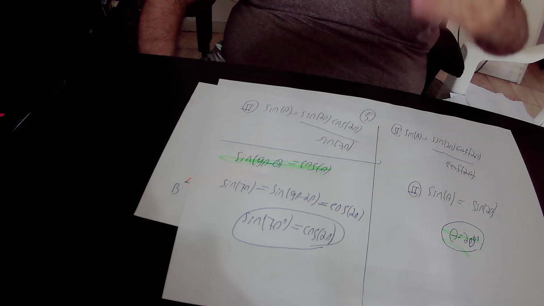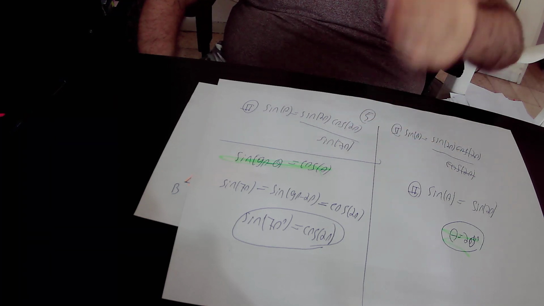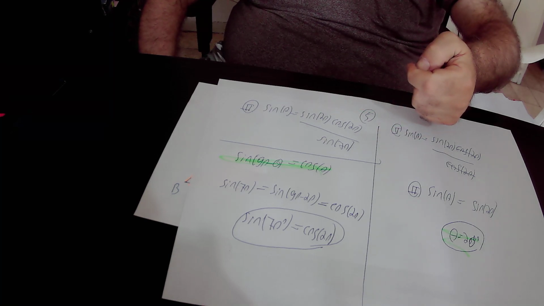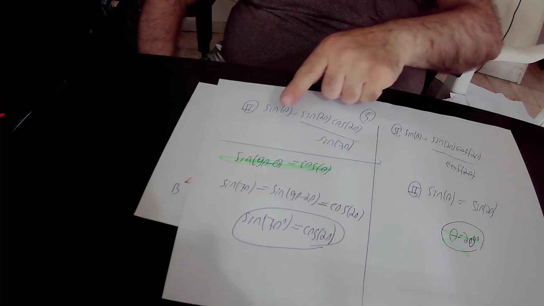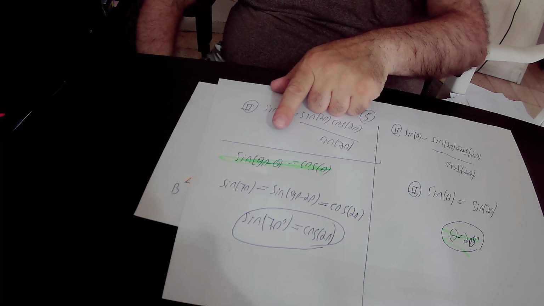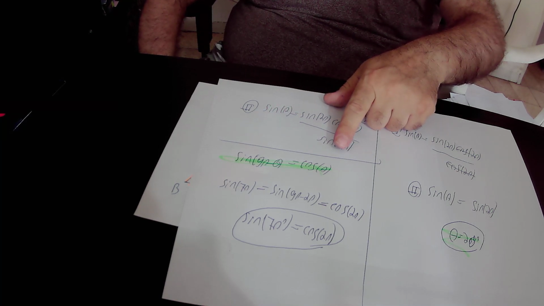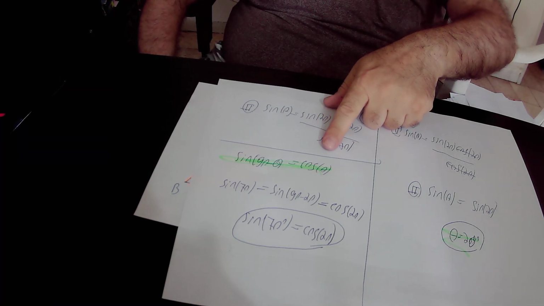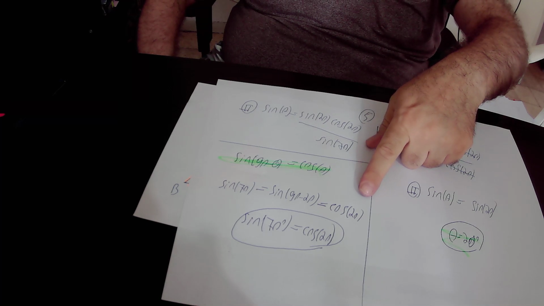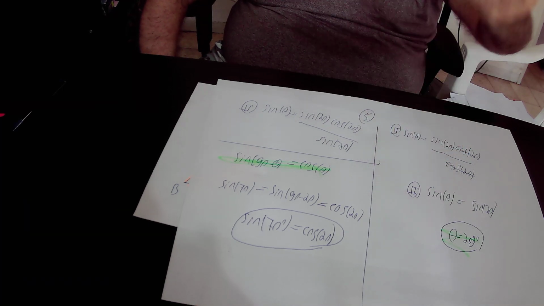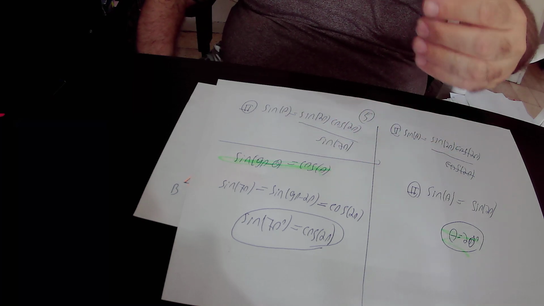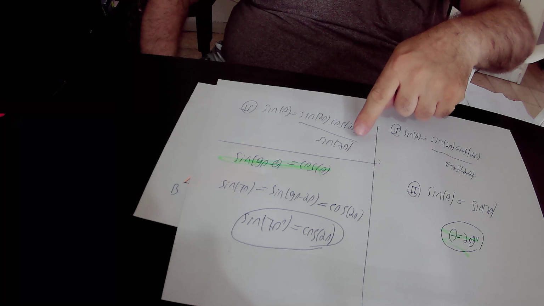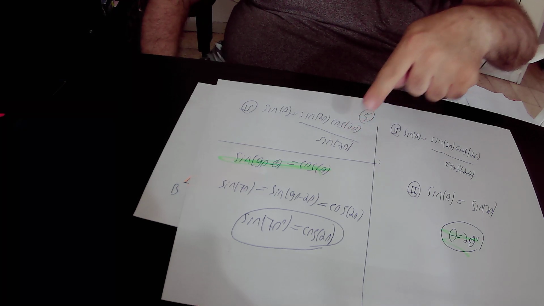Sin 70 degrees equals sin of 90 degrees minus 20 degrees, and according to the identity that sin of 90 degrees minus theta equals cosine theta, sin of 90 degrees minus 20 degrees equals cosine 20 degrees. So in conclusion, sin 70 degrees equals cosine 20 degrees, therefore we can substitute sin 70 degrees by cosine 20 degrees in equation number 2.